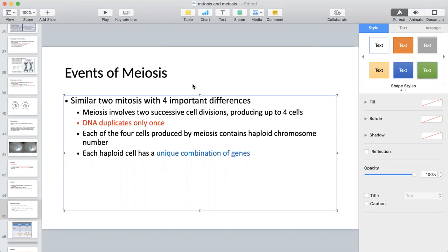Third difference, each of the 4 cells that are produced by meiosis contains a haploid number of chromosomes. That's a distinct difference from mitosis. The offspring that are made from mitosis are going to be diploid. Meiosis produces 4 haploid cells.